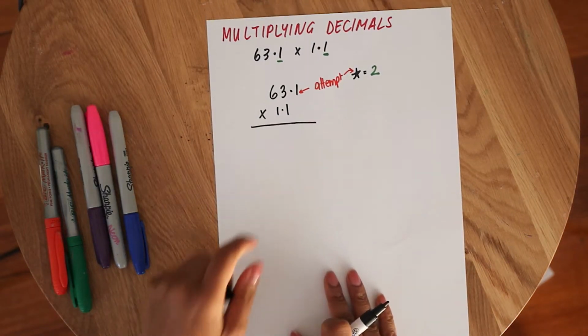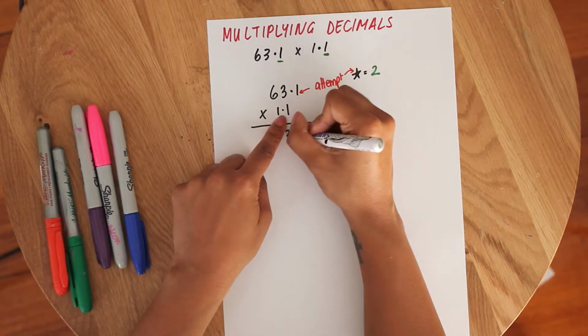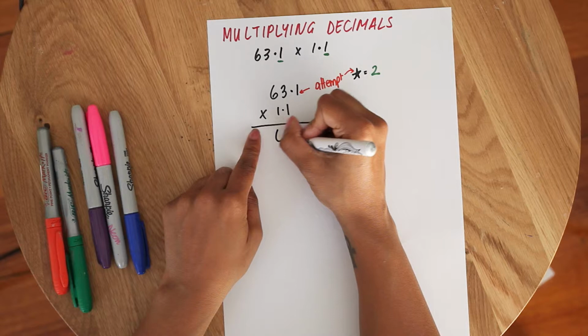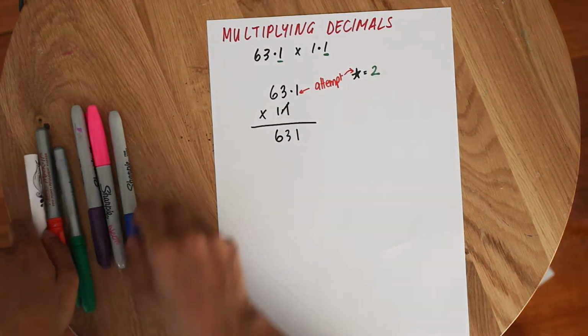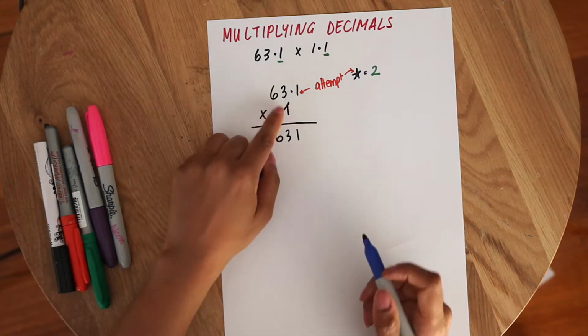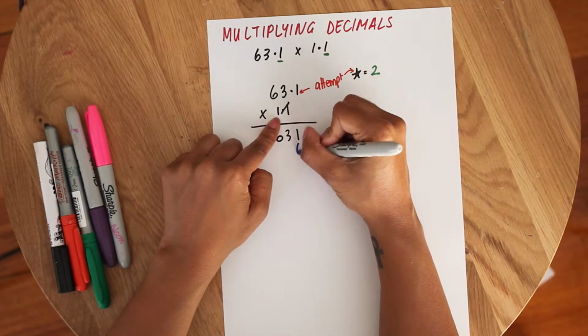So we've got 1 times 1 is 1, 1 times 3 is 3, 1 times 6 is 6. So I'm going to get rid of that one, and I'm going to go to the next number. Remember, this isn't just 1, it's a 10. So I'm going to put a 0 here to help.